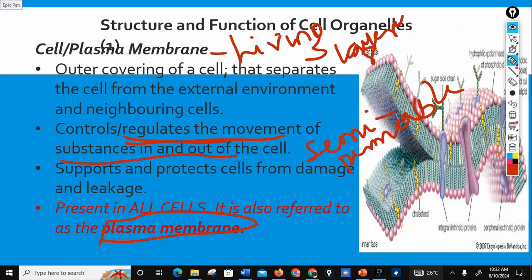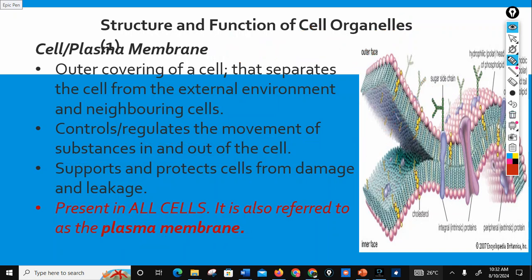Now, on its external surface, as you can see in this diagram, you're going to be seeing these sugar chains that are used for communication with other cells. These various sugar chains are called sugar side chains, and they are used for both signaling and communication with other cells. All right, and then you're going to see this head and tail region.